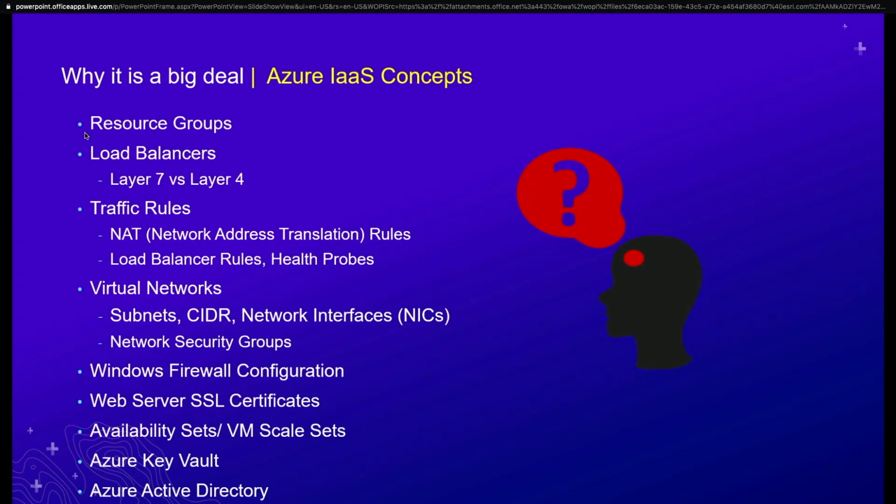Now, why is this a big deal for our customers and users and our developers here? It's mostly because we don't want our users and customers to have to know or become experts in Azure infrastructure concepts. Depending on your level of knowledge and experience, you may or may not be familiar with some of these concepts. And even if you are, you might only have a superficial understanding of them.